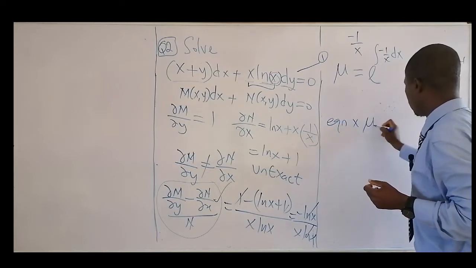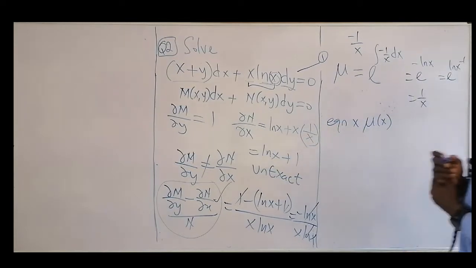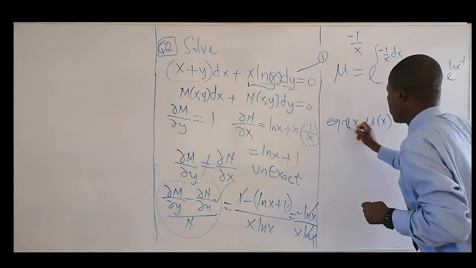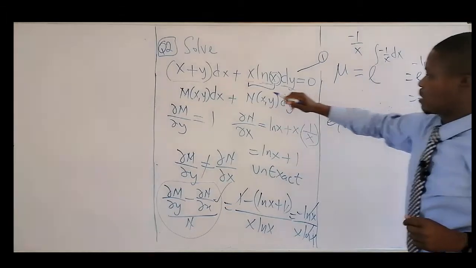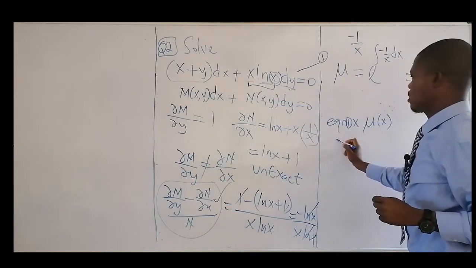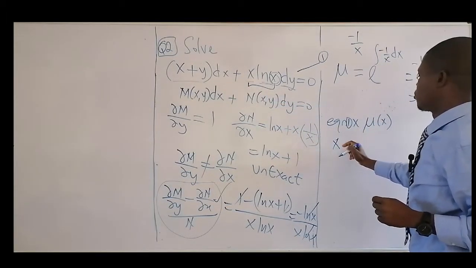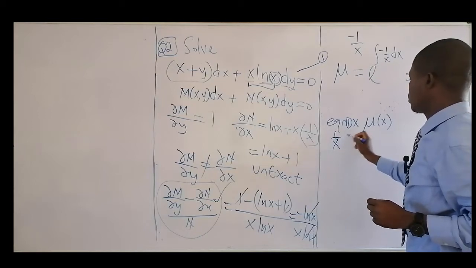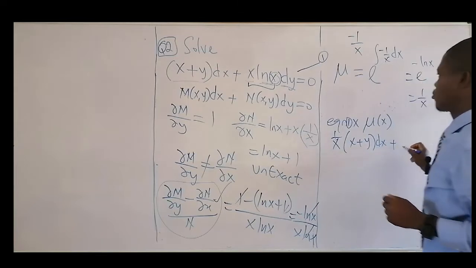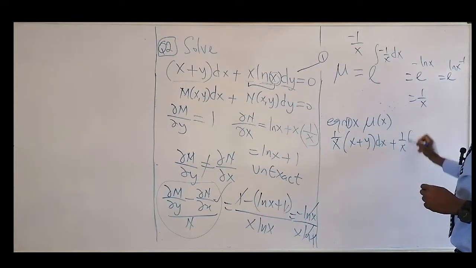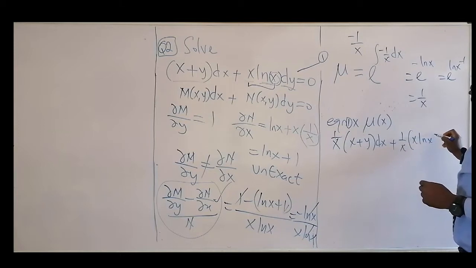So with that now, we go to equation 1 and multiply equation 1 times your integrating factor, which is a function of one variable, a function of x. That will give me 1 over x times (x + y) dx plus 1 over x times x ln x dy equal to 0.